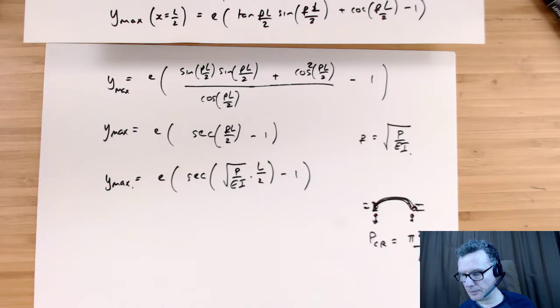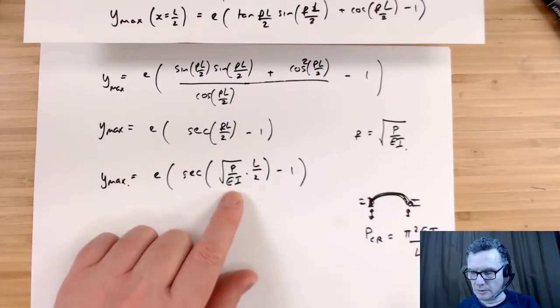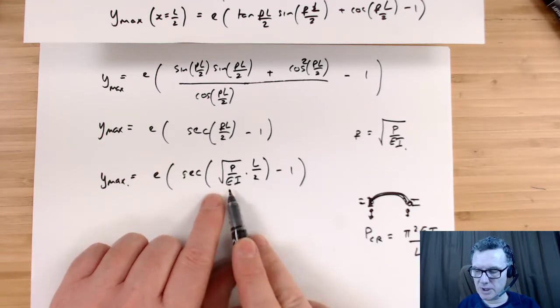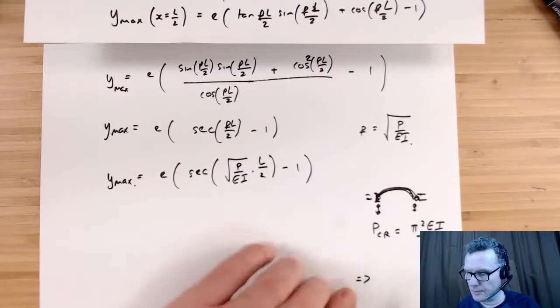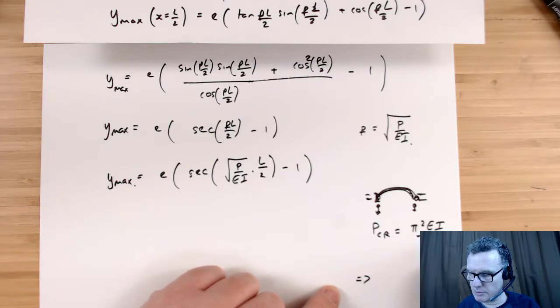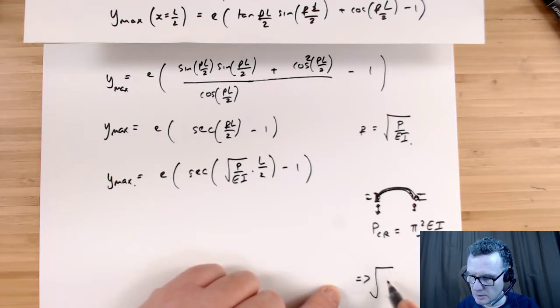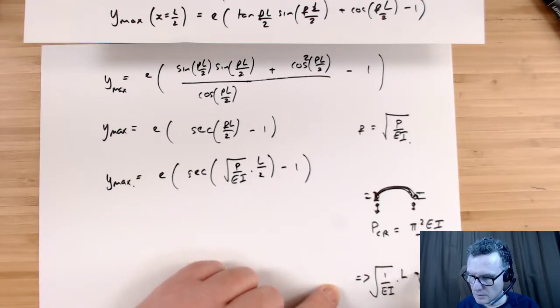Okay. So let's look at getting rid of this EI and the L. So what I'm going to do is bring EI and L squared over to the left hand side and square root it, and that was going to give me, and what do I have on the other side?